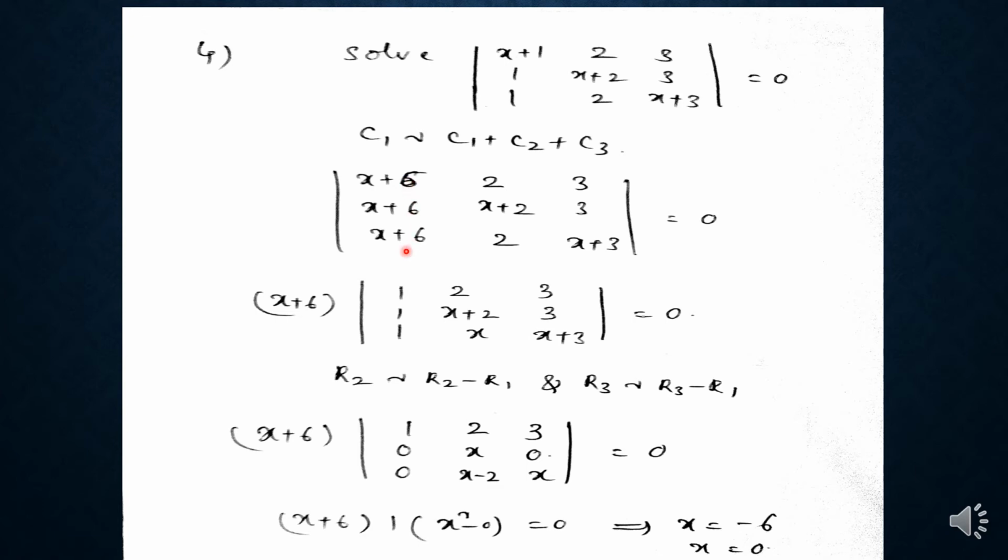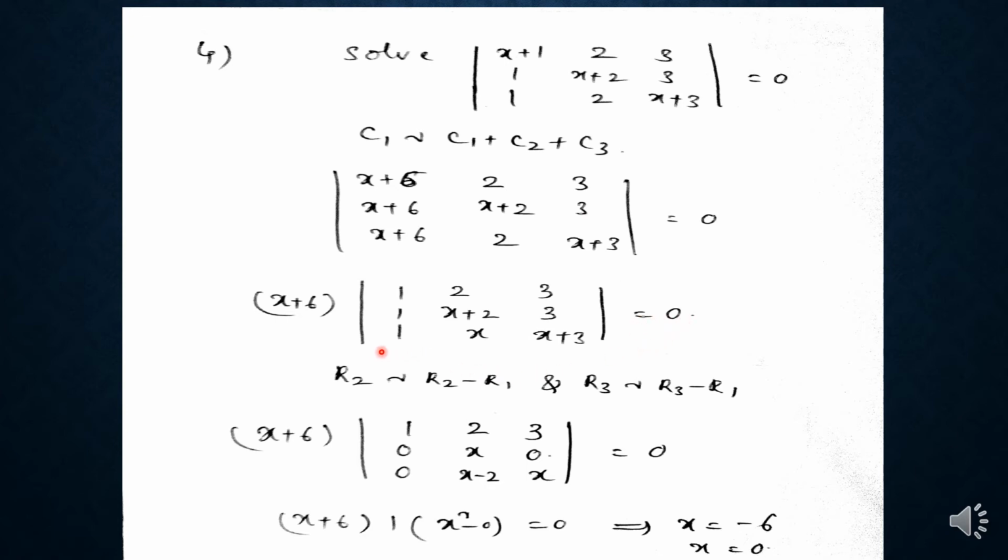So this is the first column, and second column elements are 2, x plus 2, 2, and third column elements are 3, 3, x plus 3 is equal to 0. So by taking x plus 6 as common, we will get 1 1 1, 2 x plus 2 2, 3 3 x plus 3 is equal to 0.